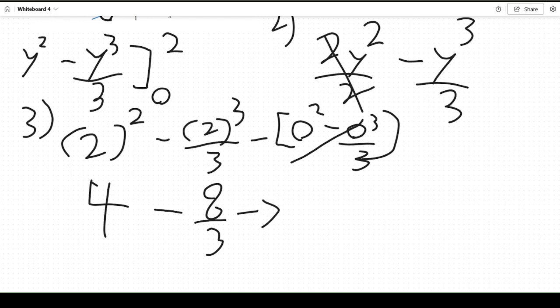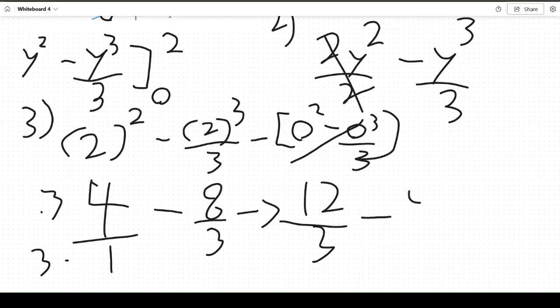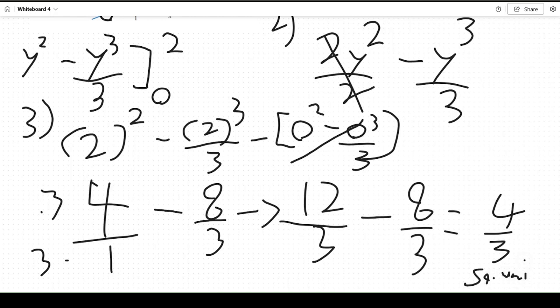And we will try to convert this into simpler terms. So 4 over 1 times 3, 12 over 3 minus 8 over 3 equals 4 over 3 square units.